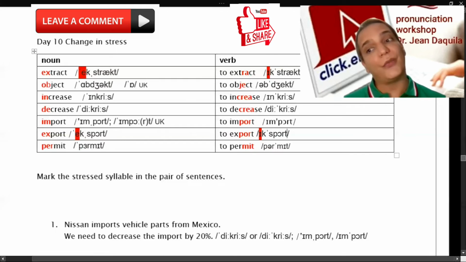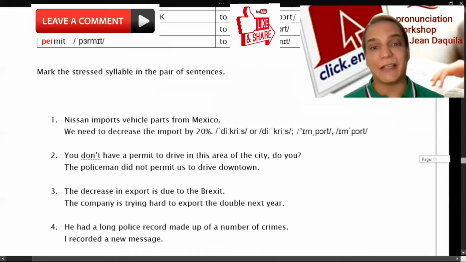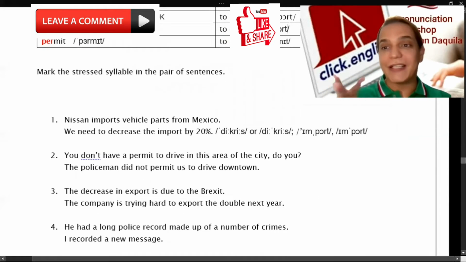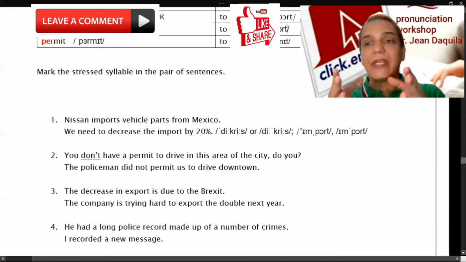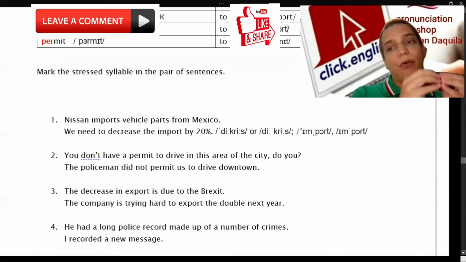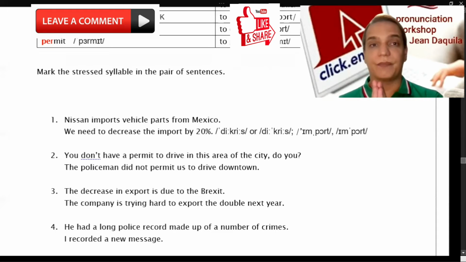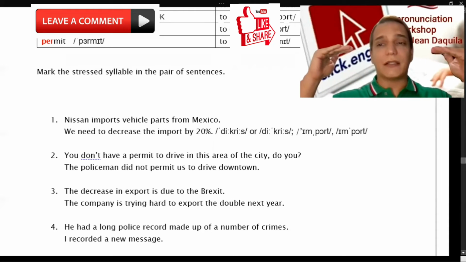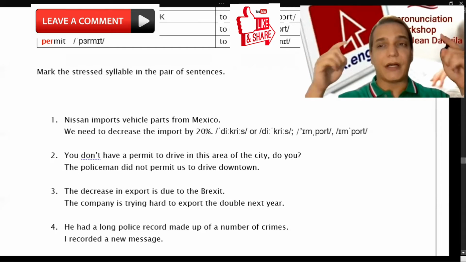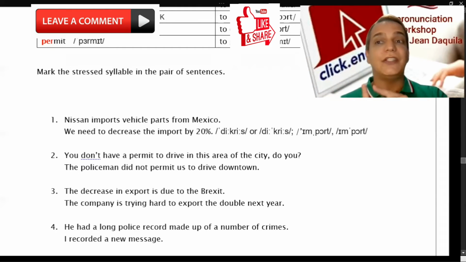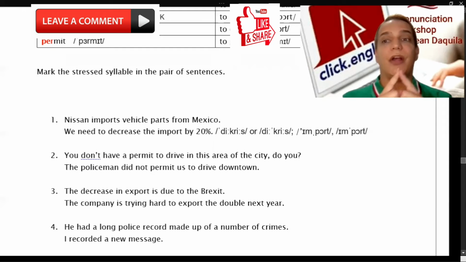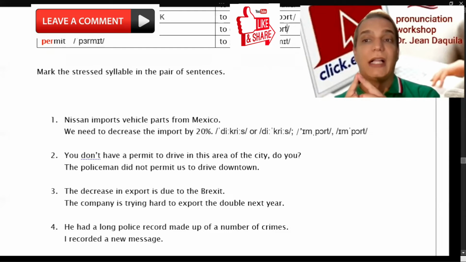Today, our homework is going to be a little bit different. Why? Because I always read to you and I say, this is like this, this is like that. For the first time, you're going to pay lots of attention to the first part, the explanation, and you are going to do the homework alone.